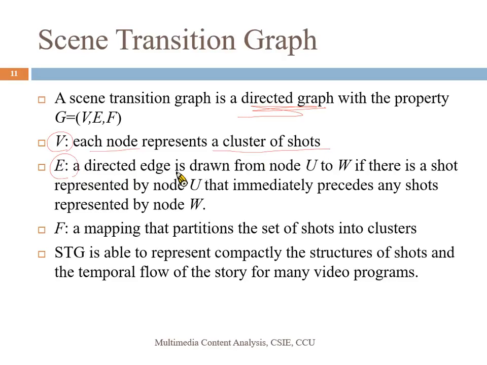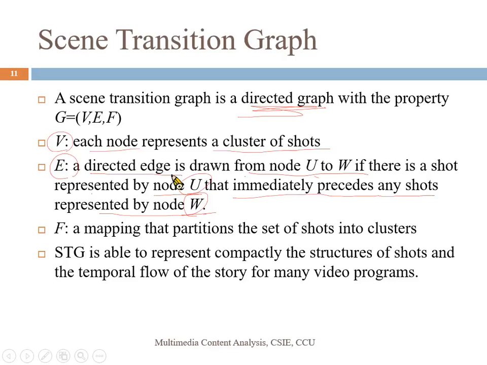E is a directed edge that is drawn from node U to node W if there is a shot represented by node U that immediately precedes any shot represented by node W. So the directed edge represents the temporal relationship between different clusters.